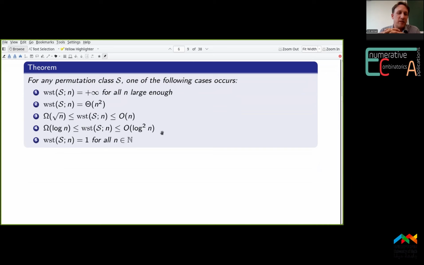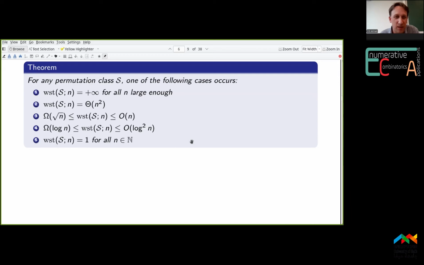And again, there are examples of permutation classes where the worst case sorting time is between log n and log squared n. And if the worst case sorting time is even smaller than logarithmic, then your class contains all permutations and it can sort any input in just one step, and the worst case sorting time is 1.